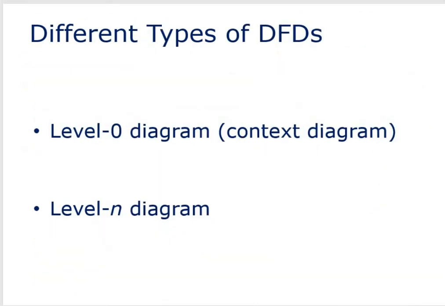Now let's talk about different types of data flow diagrams. So what we have is, we have a level 0 diagram, which is also called as your context diagram.